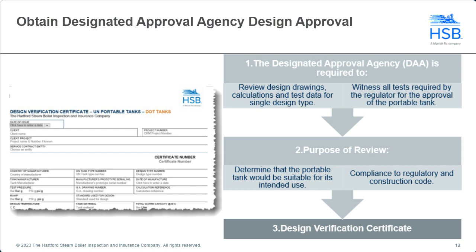Normally for an ASME Section 8 Division 1 pressure vessel, design approval by a third party is not required unless it's going to another country, such as Malaysia or Singapore, or it has to meet PED requirements.